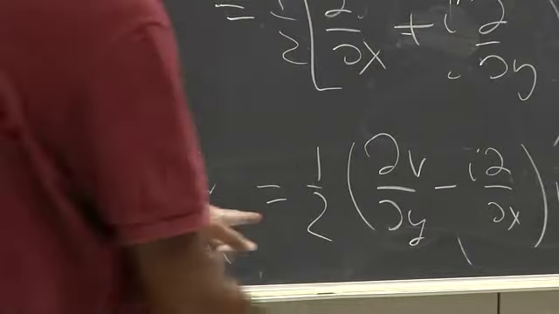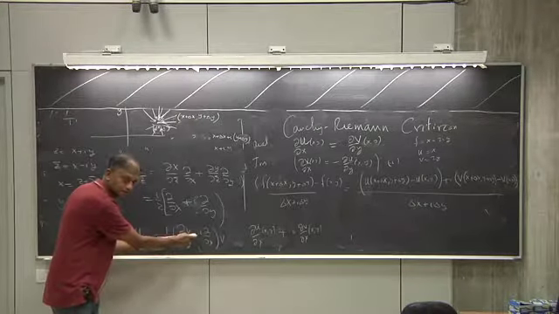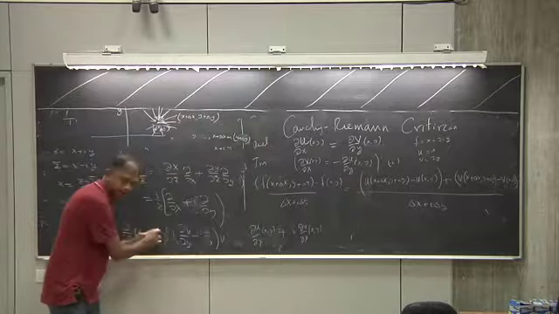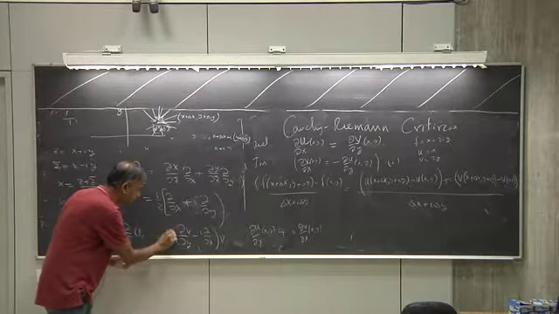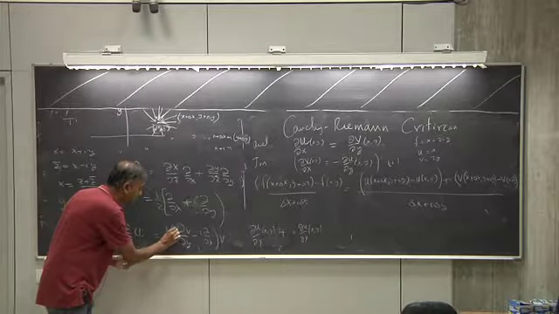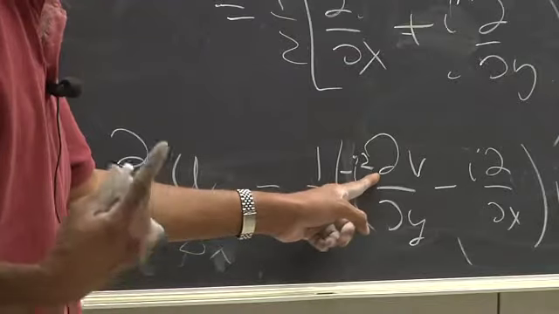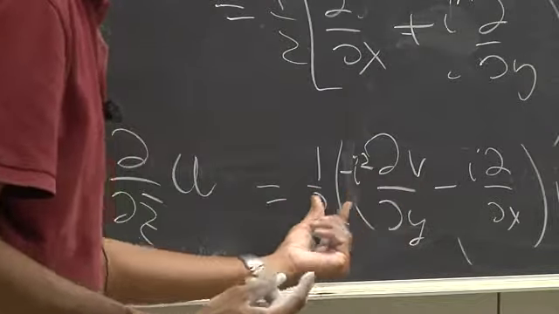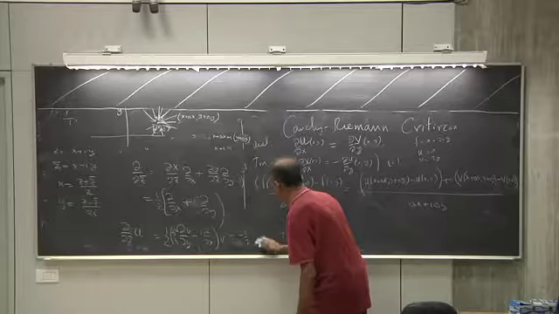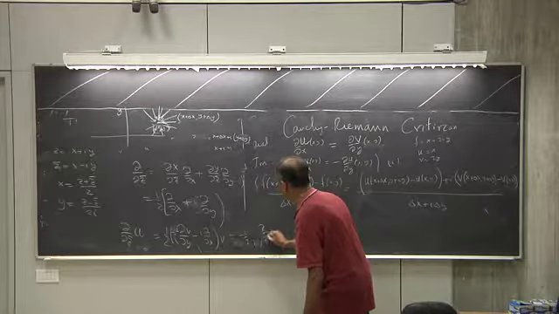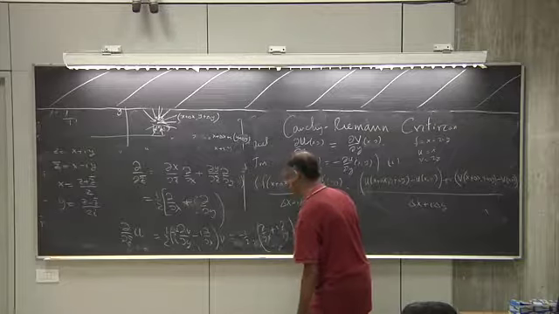Let me take out a minus i as a common factor from here. After all, i squared is minus 1, so minus i squared is 1. If I take out a minus i, this becomes minus i by 2 times d by dx plus i d by dy acting on v.